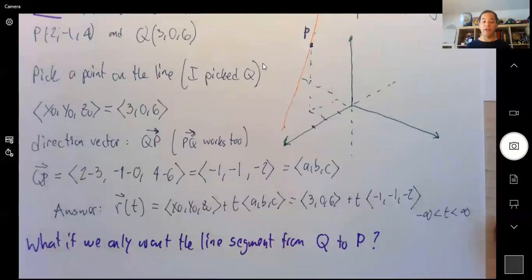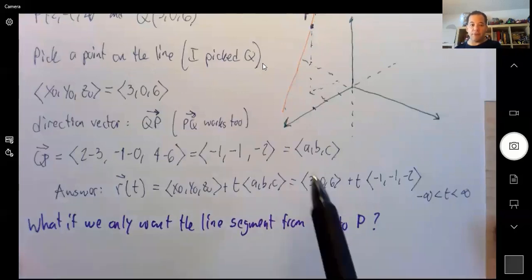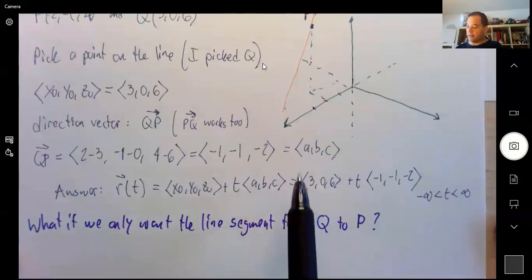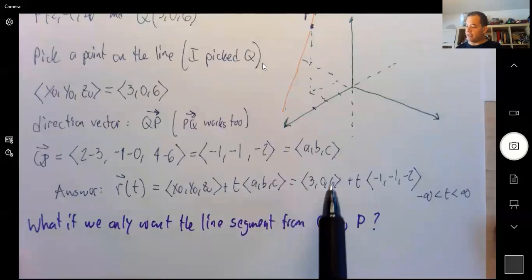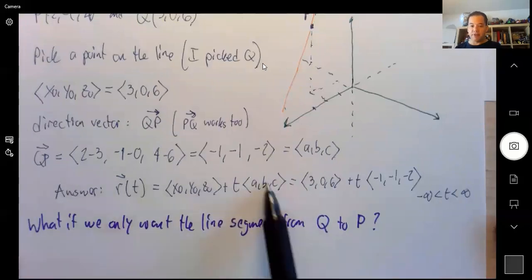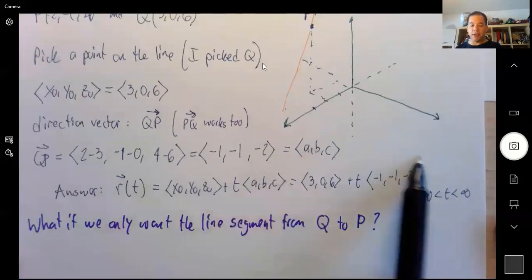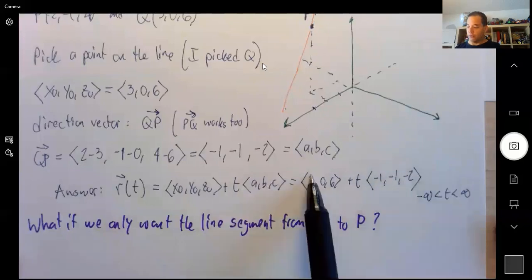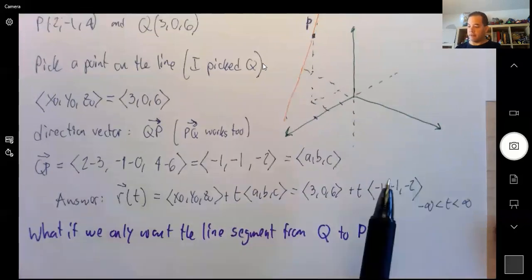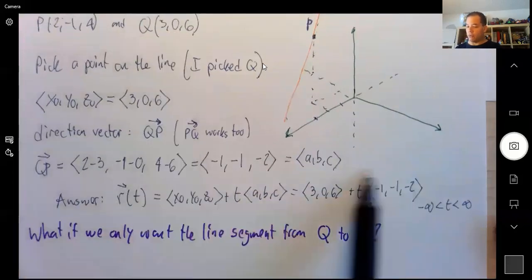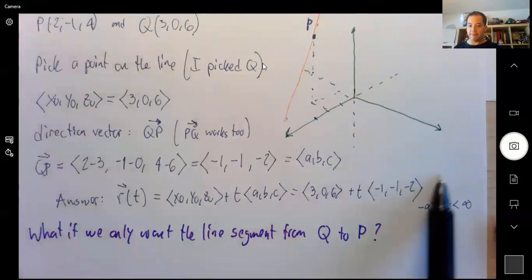So what would it be? One of them is super easy to know, right? For example, what value of t should I pick so that this expression becomes Q? Remember, Q is 3, 0, 6. So what would be the t, right?